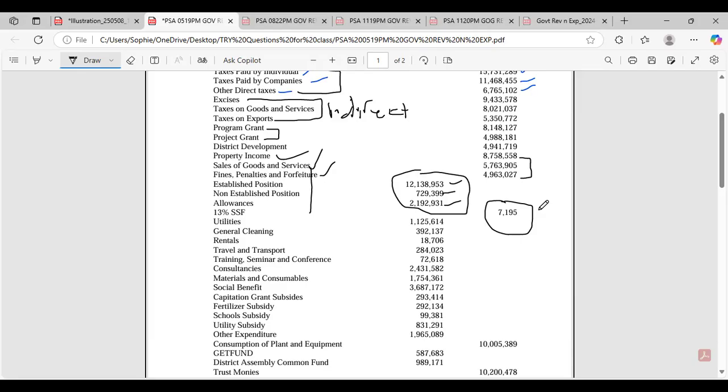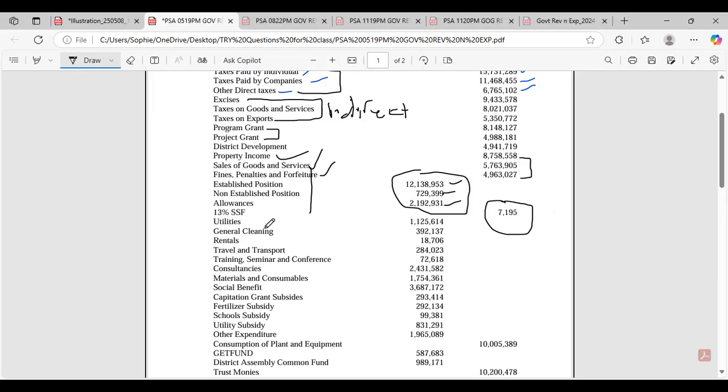So you don't have to add it here in your statement of financial performance or statement of revenue and expenditure. The position should tell you that this is a liability.